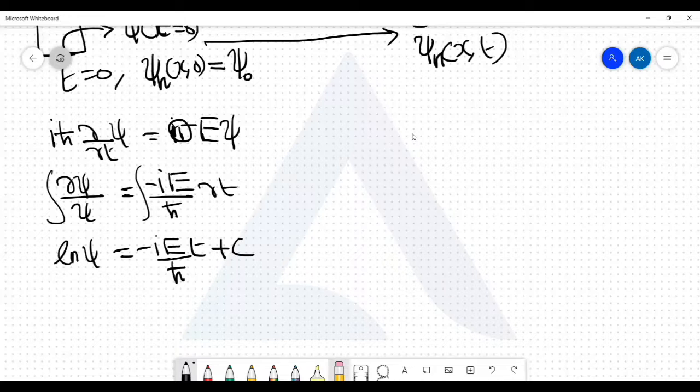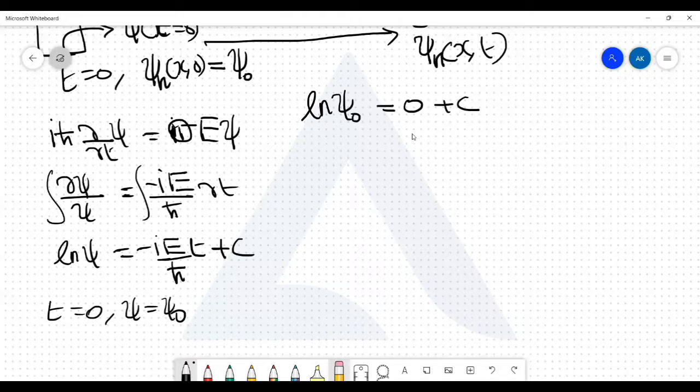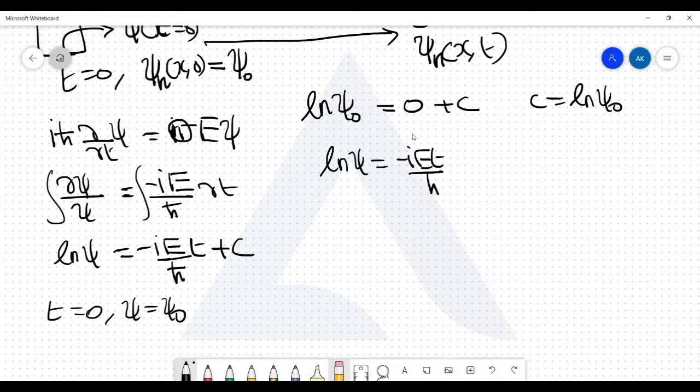How can the constant be eliminated? At t equal to 0, psi equals psi naught. Substitute this condition, you get ln psi naught equal to c, that is, c equal to ln psi naught. So our equation is ln psi equal to minus i E t by h cross plus ln psi naught.